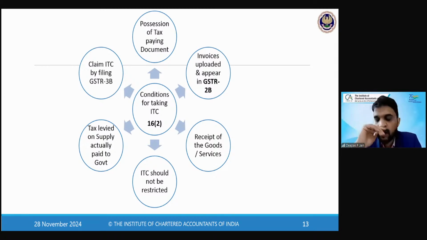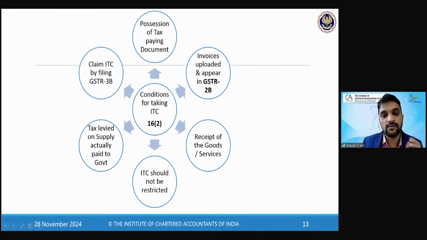You cannot claim the credit. Okay, so if this is clear, then I'm happy that with section 16 you have understood the ITC mostly.